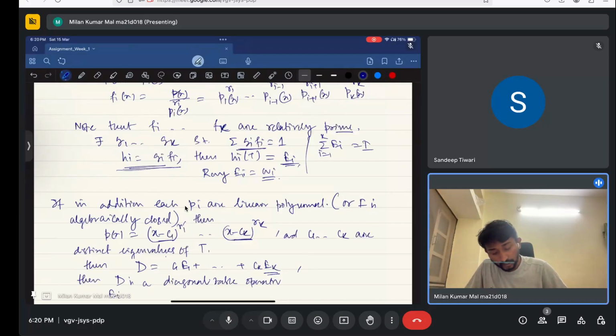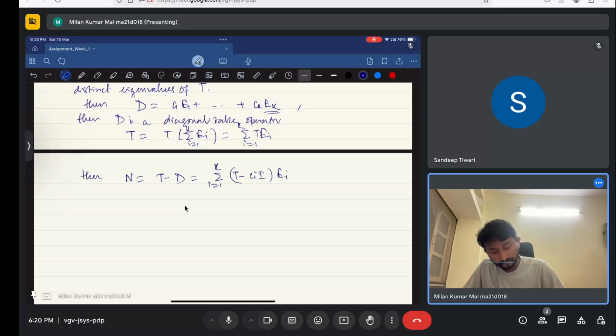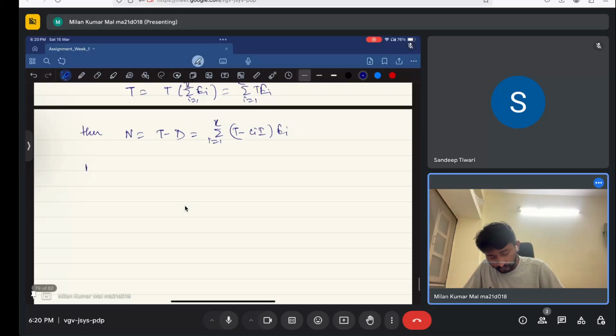Therefore, using this fact, one can write T equals T of the summation of Ei for i equals 1 to k, which can be written as the summation of T Ei. Then consider N, the operator T minus D, that is the summation of (T minus Ci identity) times Ei.